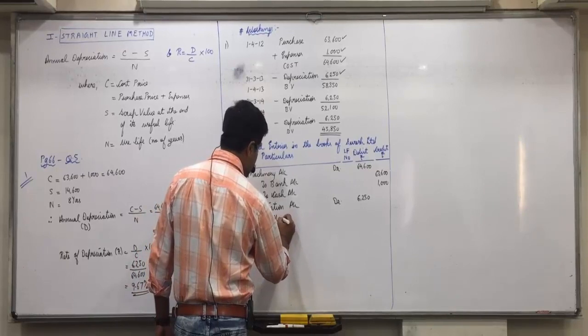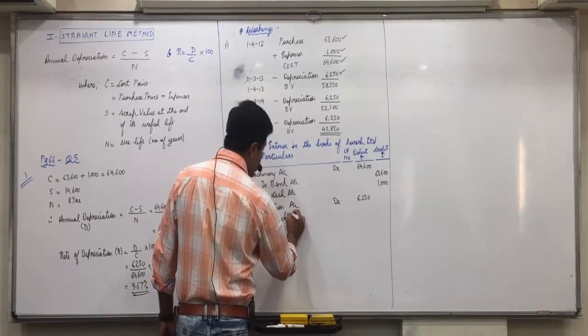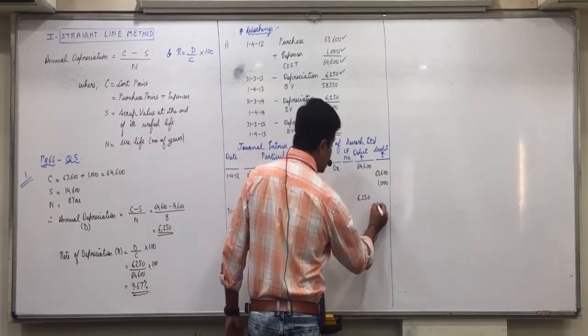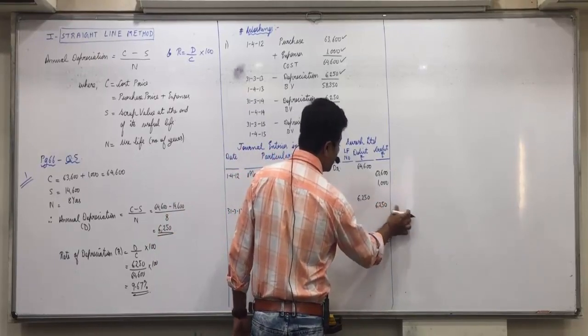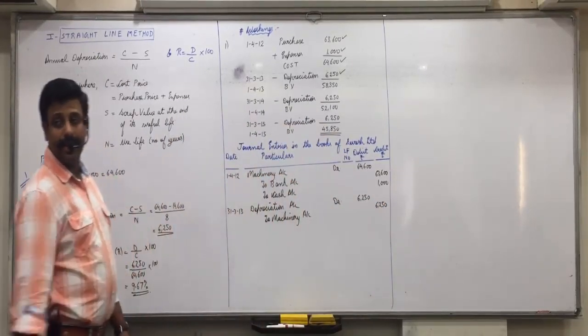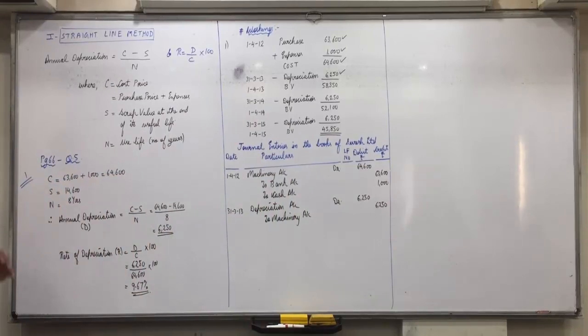To decrease it, we reverse and credit machinery account 6250. As we studied yesterday, the general entry of depreciation is depreciation account debit to asset account. Here depreciation account debit to machinery account. Is everyone clear with this? Being depreciation provided by SLM.